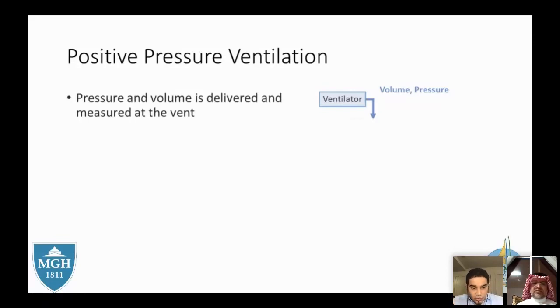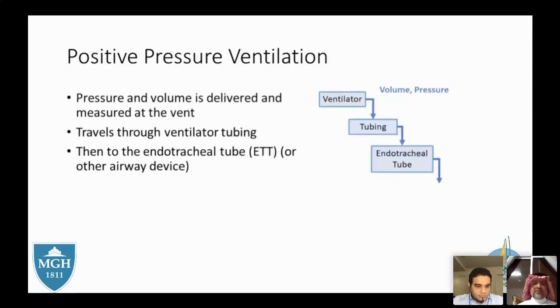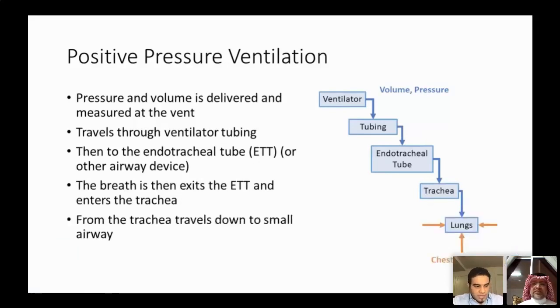This flow and pressure is generated at the ventilator, travels through the ventilator tubing, down to the tracheal tube, into the trachea, and finally to the alveoli, which expand the lungs. Elastic recoil is provided externally by the combination of lung tissue and chest wall.